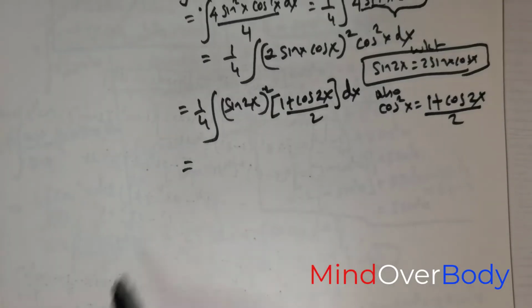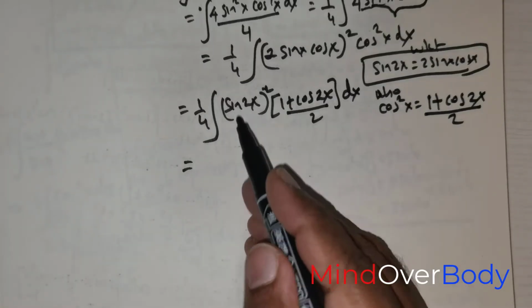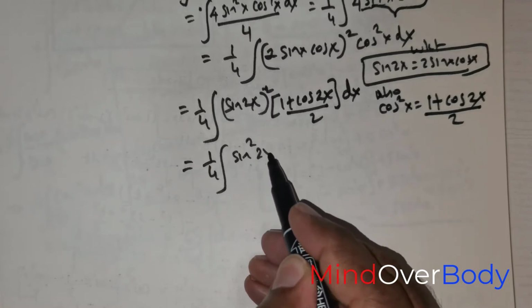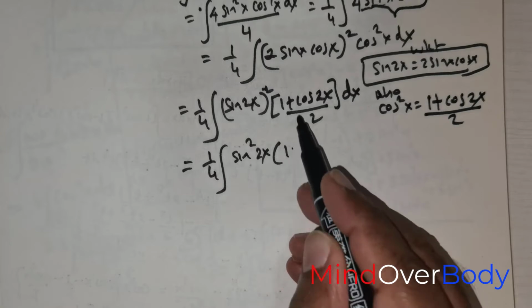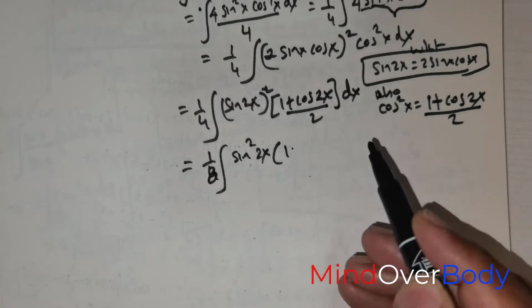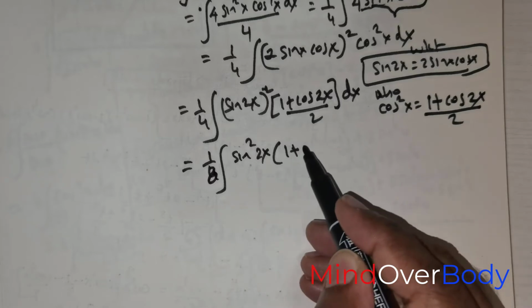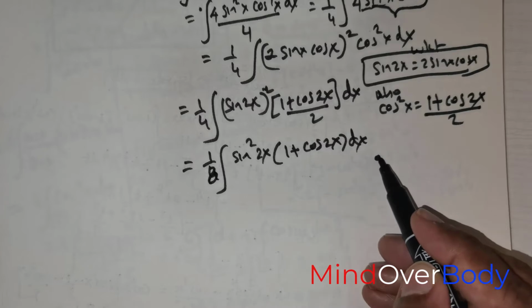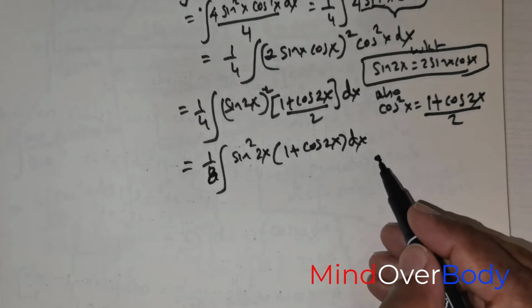So this is equal to, now I can bring the square inside, so that would give me sin squared 2x times, now this 2 can be taken out. If I were to do that, that would give me 8, and this is going to be 1 plus cos 2x times dx. Now let me show you this.